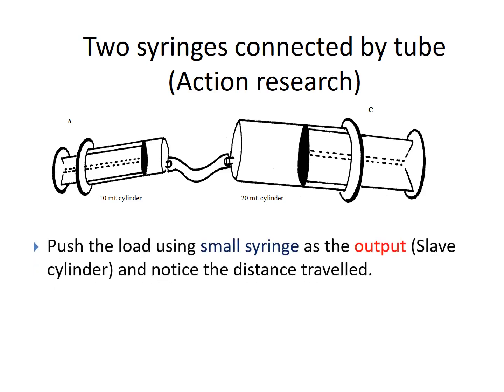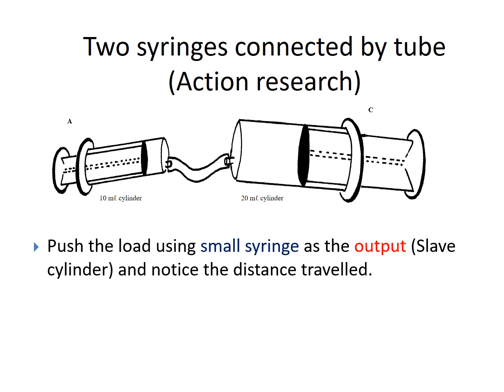We're just going to use our small syringe as an output, which is a slave, and our bigger syringe as an input, which is the master cylinder, meaning that we are going to be pushing the plunger of a bigger syringe and observe what's going to happen. Number one, what we need to observe is the distance moved by both the plungers.